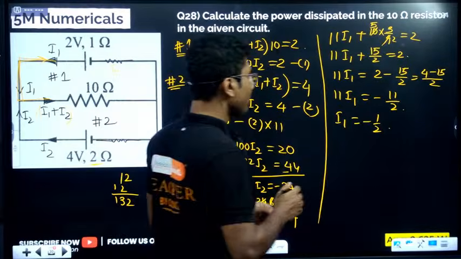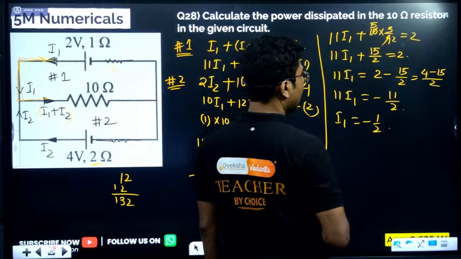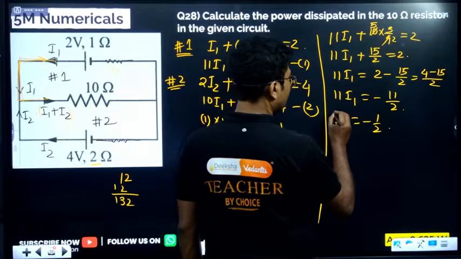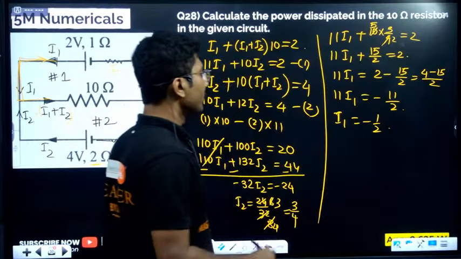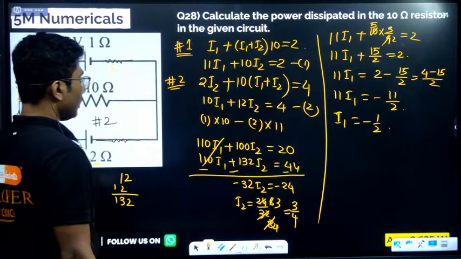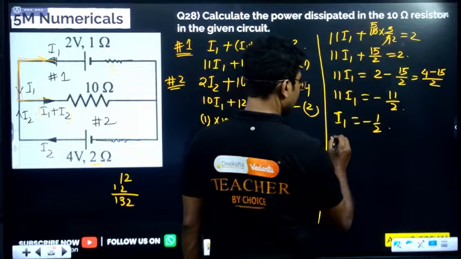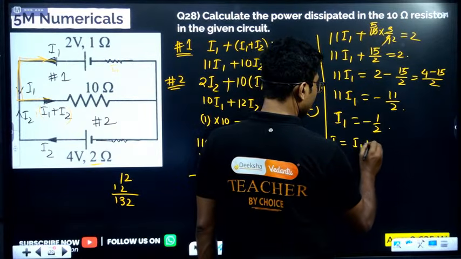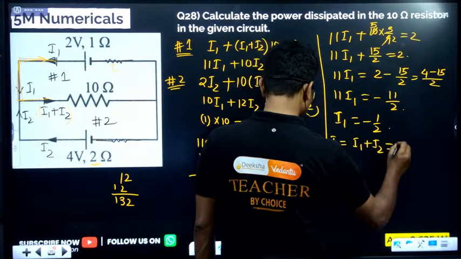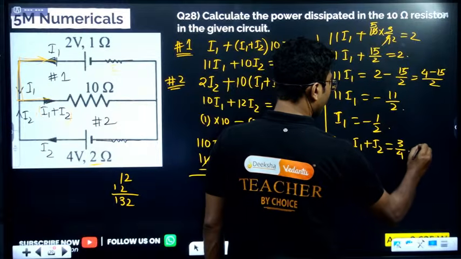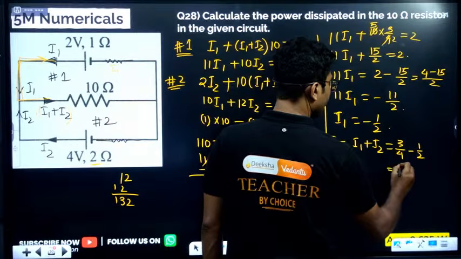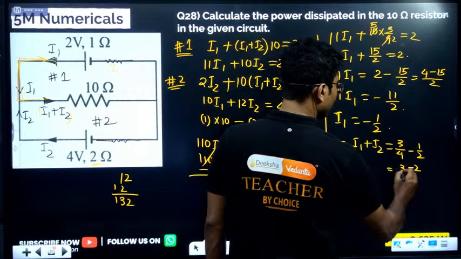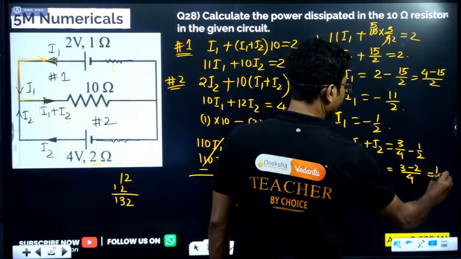Now let's move on. I1 is equal to minus half. Now let's try to find out the total current. Total current is I1 plus I2, which is 3 upon 4 minus half, which will be 3 minus 2 by 4, that is 1 by 4.